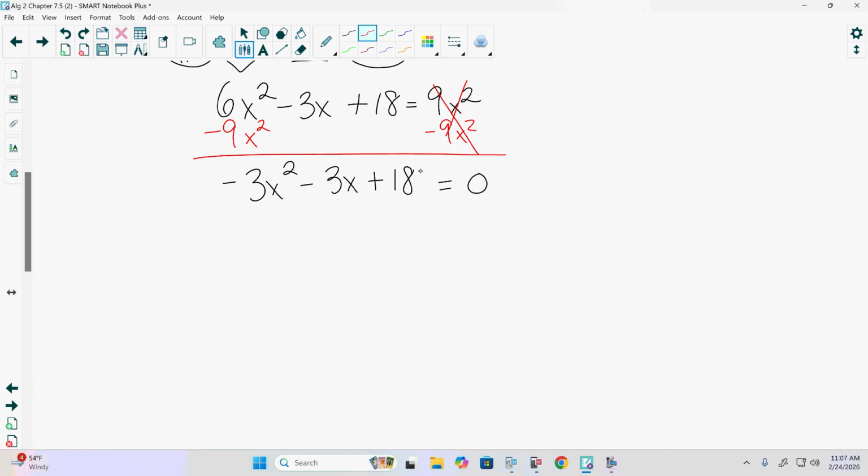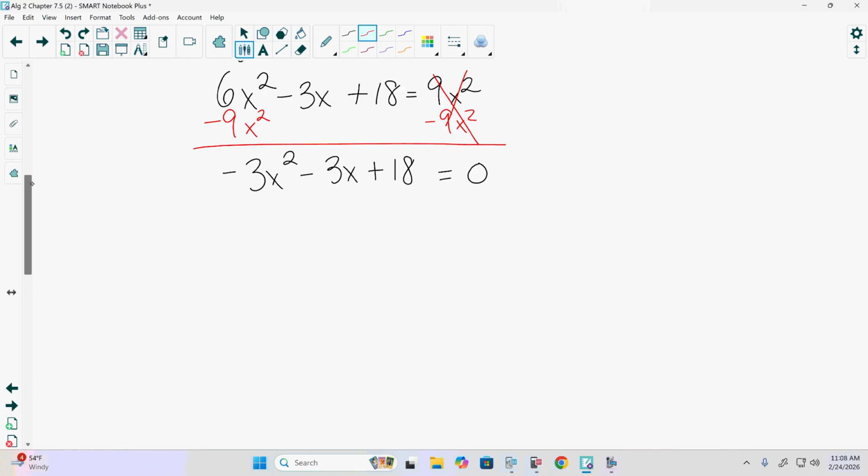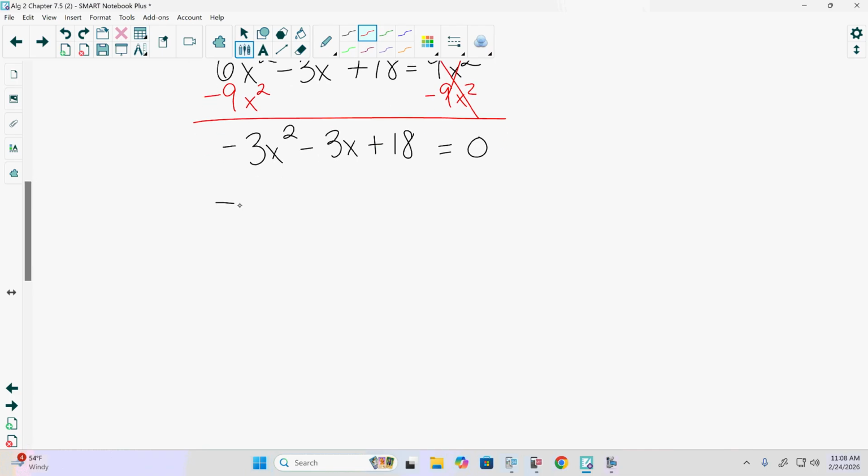But as we saw with the last one, I can factor that negative out. And actually, there is another greatest common factor, and it's going to turn that first term positive. So before we finish factoring the negative out, is there something in common with 3x squared, 3x, and 18? 3, yes? So if we factor 3 out of 3x squared, we would have x squared.